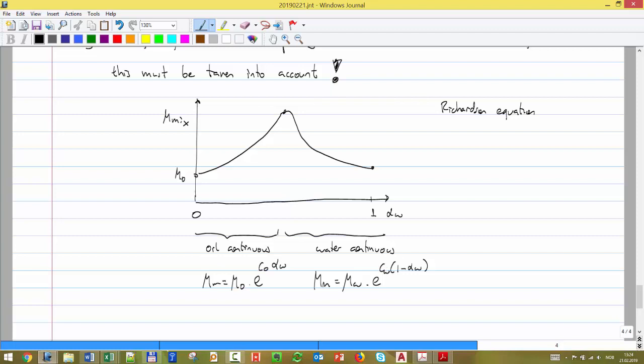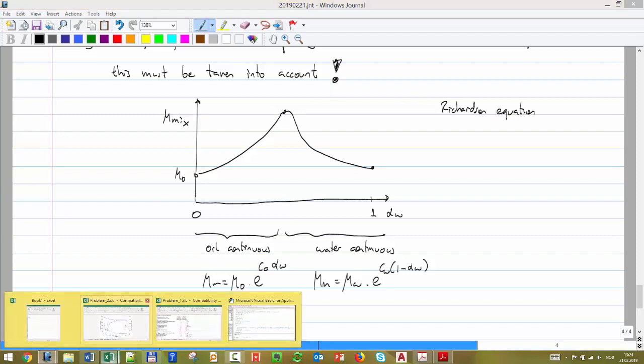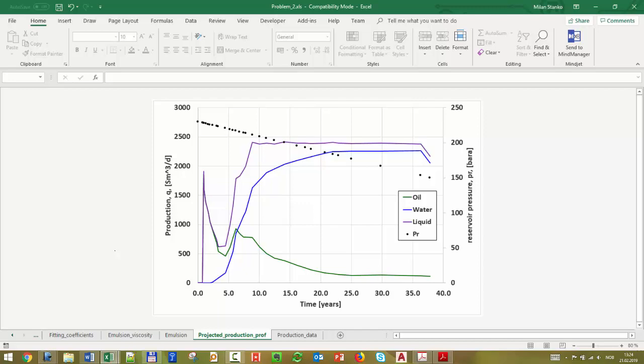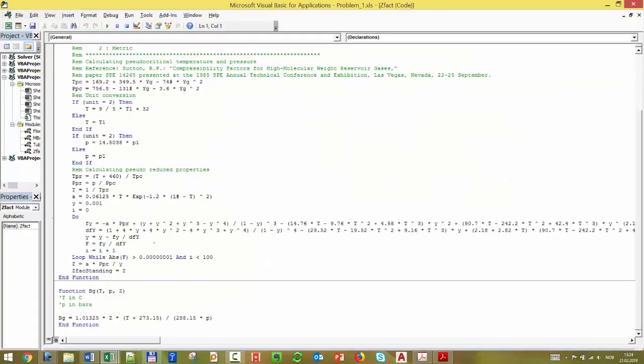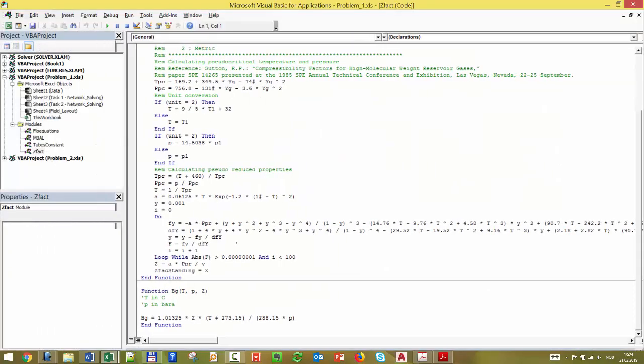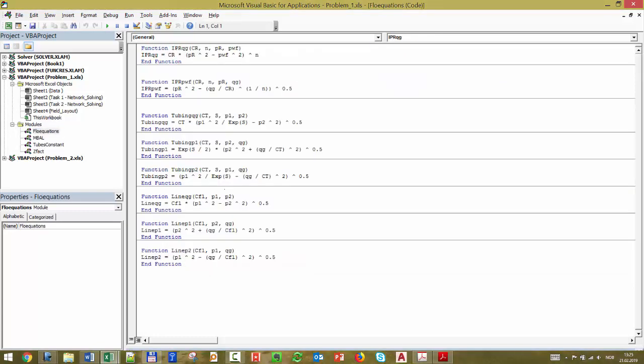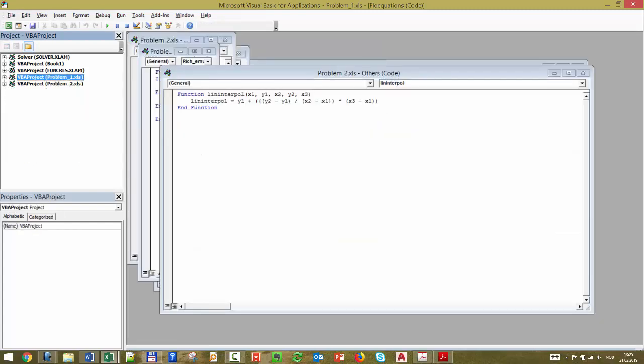So that's the approach we're going to use. If you punch Alt F11 on your problem 2, you will see you have different sections. It's problem 2.